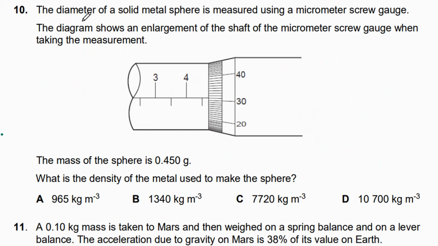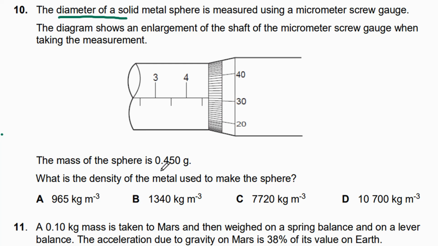In question 10, it says the diameter of a solid metal sphere is measured using a micrometer screw gauge. The diagram shows an enlargement of the shaft of the micrometer screw gauge when taking the measurement. So the micrometer shows the diameter of the sphere.